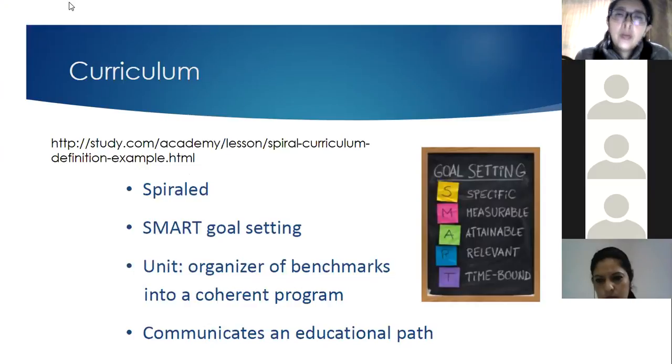or what a spiral curriculum is. Any ideas?